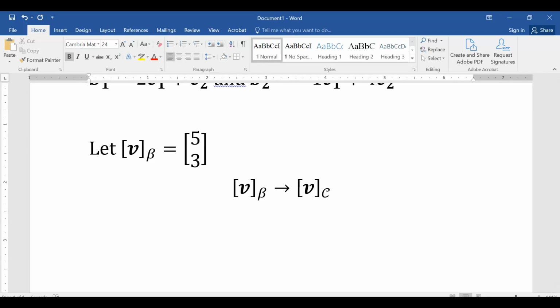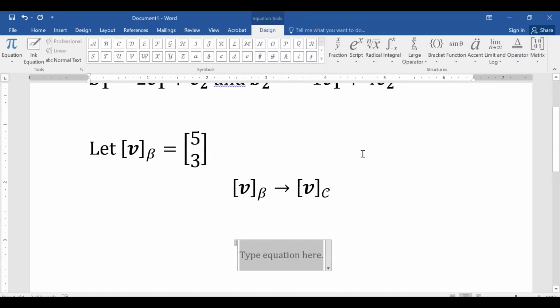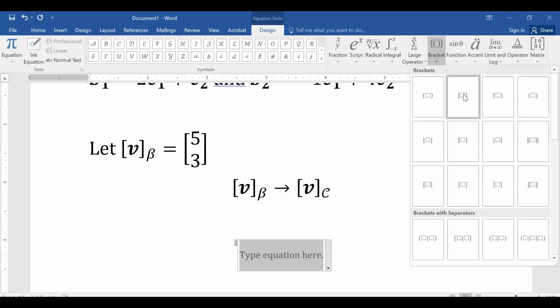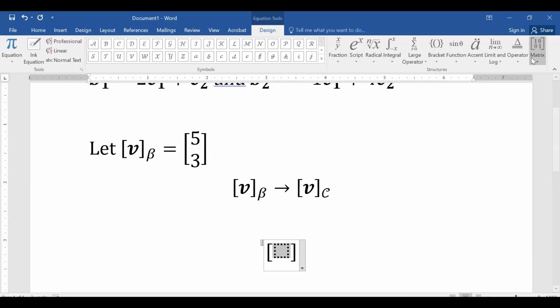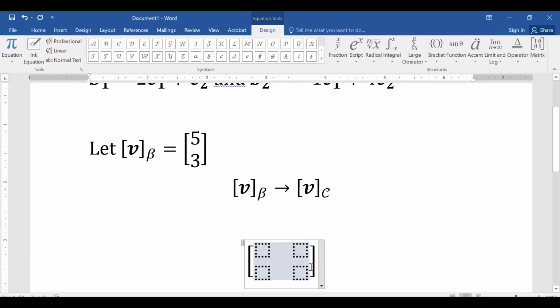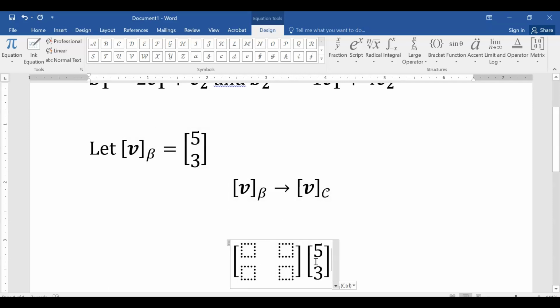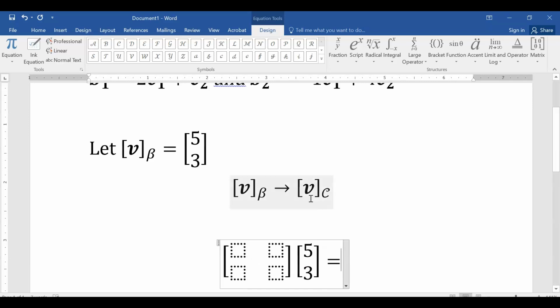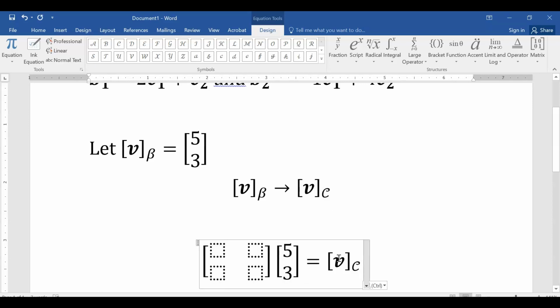And in fact, hopefully we can see this, that what we're going to do, I claim, is that we're going to take a 2 by 2 matrix, we're going to multiply it by 5, 3, and we're going to get out a vector with respect to C, a coordinate vector with respect to basis C.